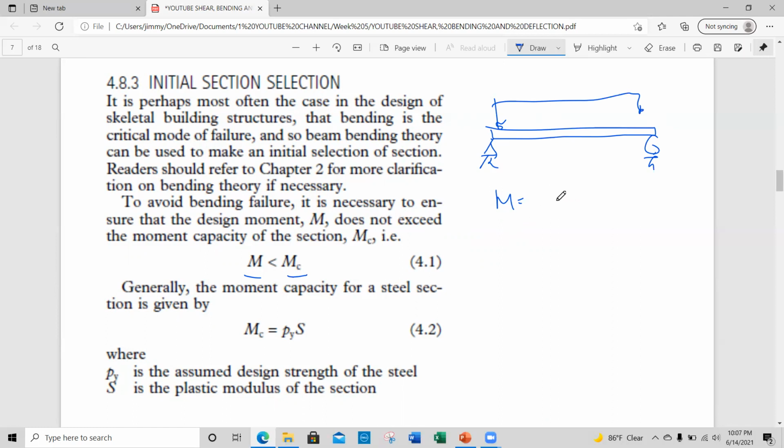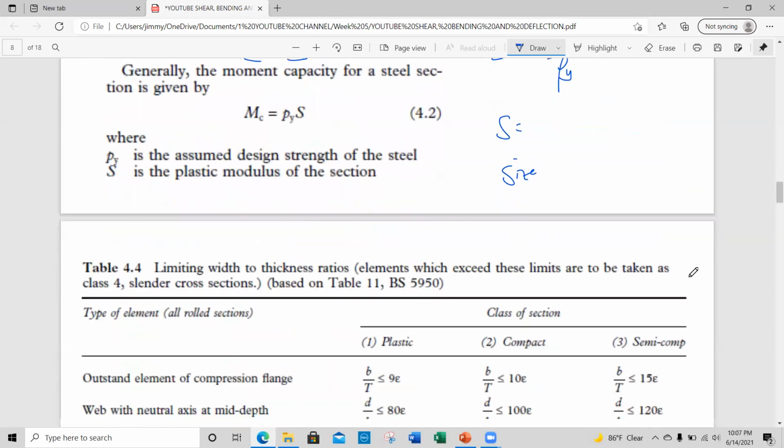And from our relationship earlier, py S, we can compute for the required S out of this actual moment that we had. Then we can get the section modulus, and then what would be the size of, let's say, the structural steel that we can get from the table, which I'm going to show to you later.